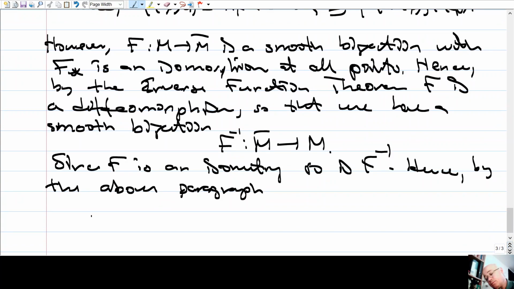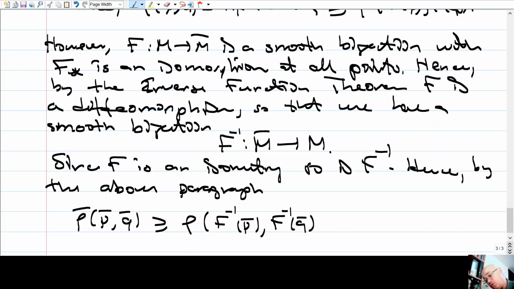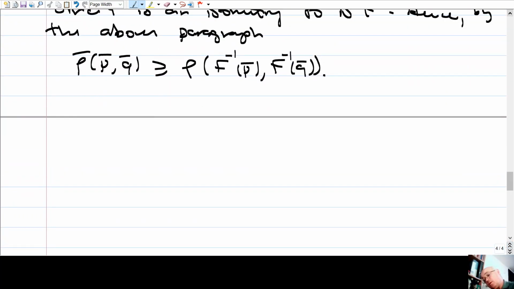By the above paragraph, we have rho bar of P bar, Q bar is larger than or equal to rho of F inverse of P bar, F inverse of Q bar. This is true for all P bar, Q bar in M bar.